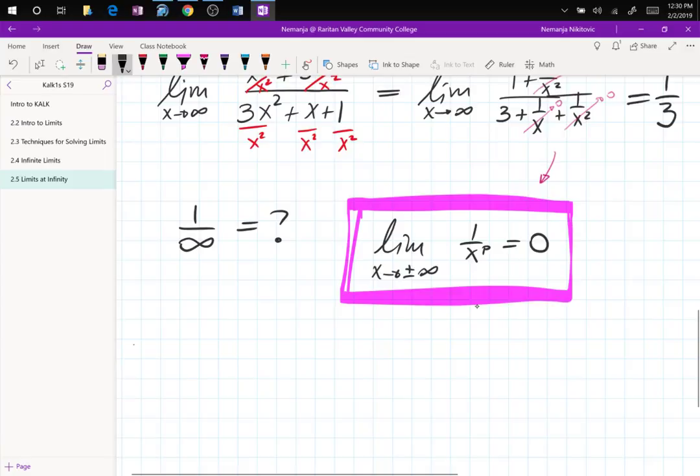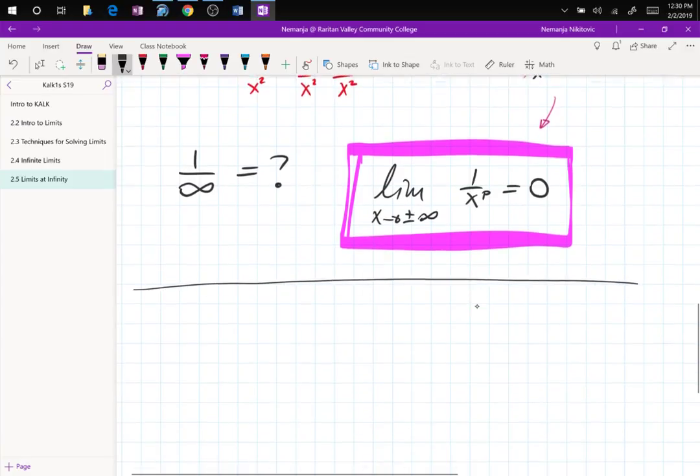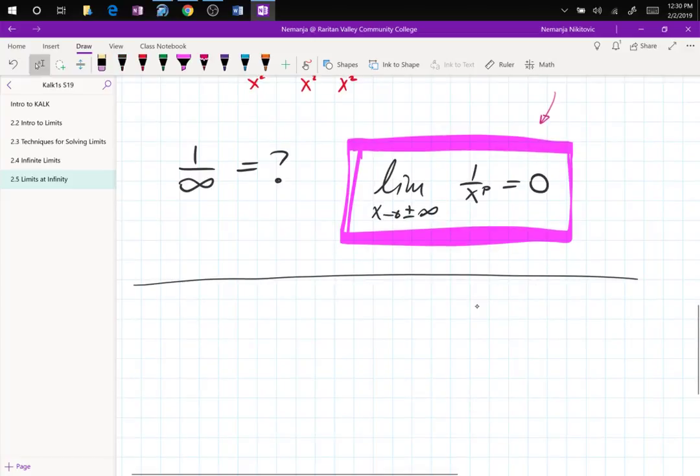Now, there is more to this. Not just the asymptote. Another concept you studied in your pre-calc course is called the end behavior of the function.